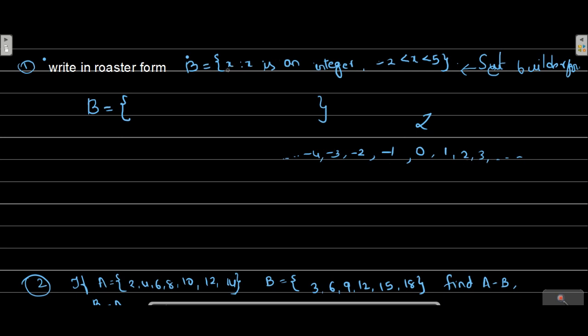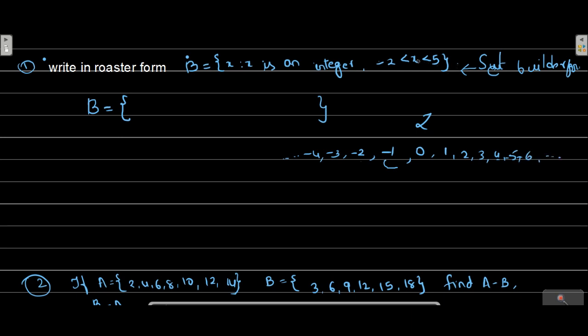So here what is he asking? x is an integer that is lying between -2 and 5. What we have to observe is whether it is given less than or equal to, or just less than. Here it is less than, which means -2 is not included. We should not take this. So what should we take? We should start from -1.